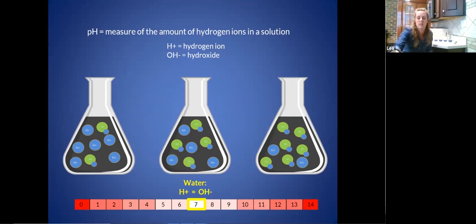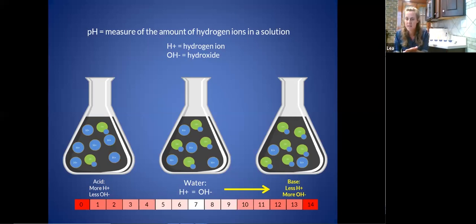Now, if we go towards the acidic side, we get more hydrogen ions and fewer hydroxide ions. So now the balance is off, and because of that, it becomes acidic, or more reactive, okay? Then if we go the other side, we have fewer hydrogen ions and more hydroxide ions. Again, the balance is off, but in the other way, and that also makes it more reactive.